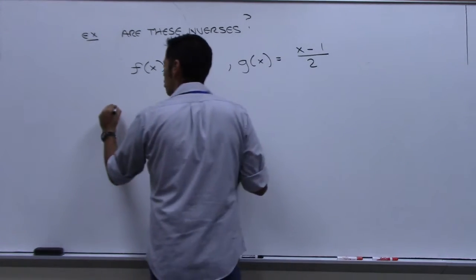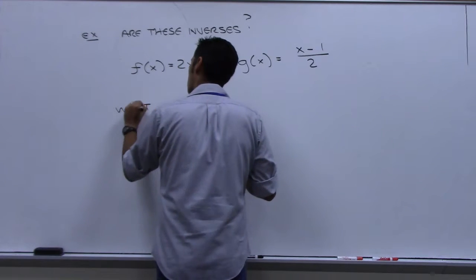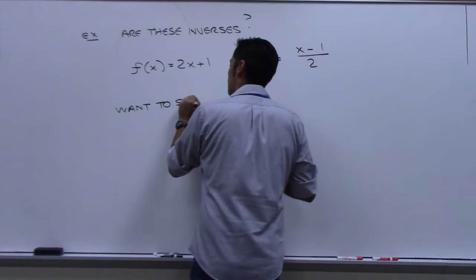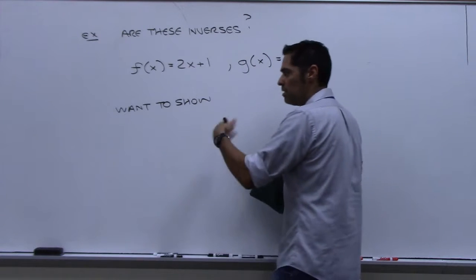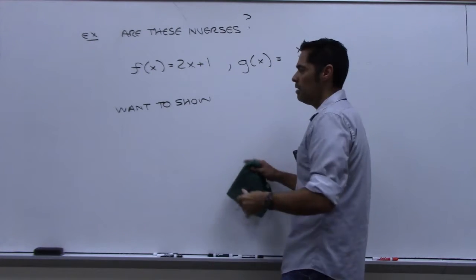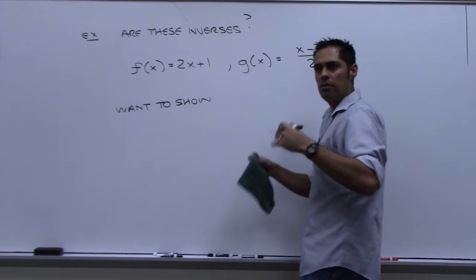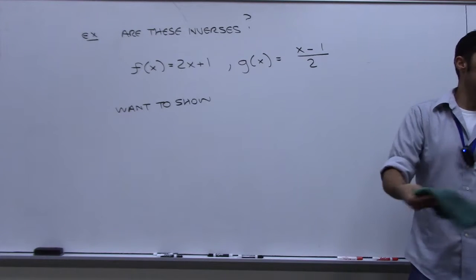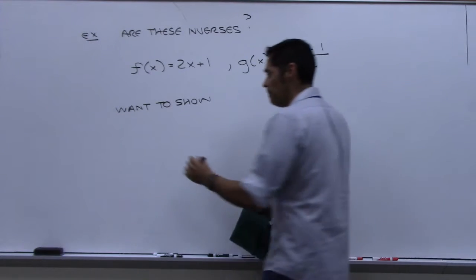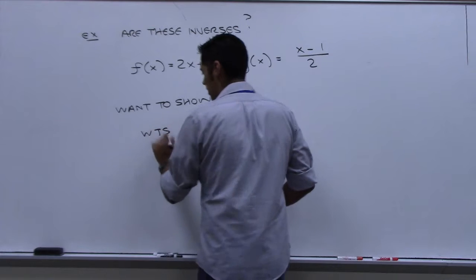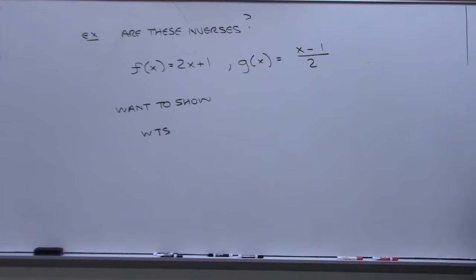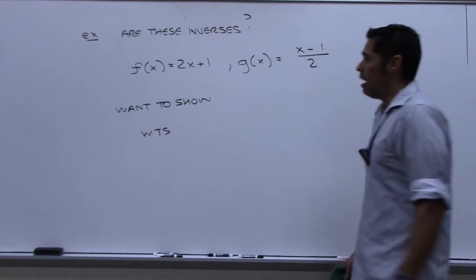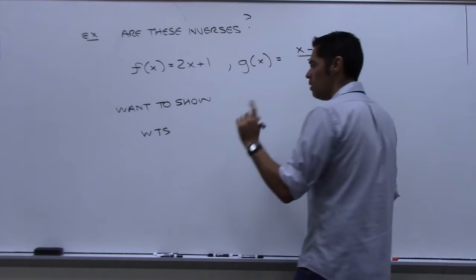So I want to show, and we like to say this a lot in mathematics, especially as you move on and do more math, we always say, want to show. You're trying to explain to whoever's reading your work what it is you're trying to do. So we write WTS instead. It's just a shorthand for want to show. I want to show the following two things.